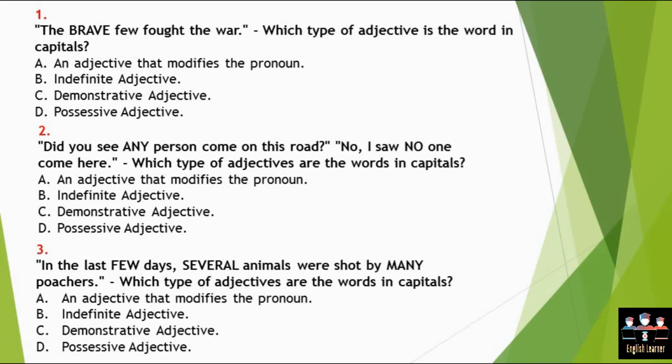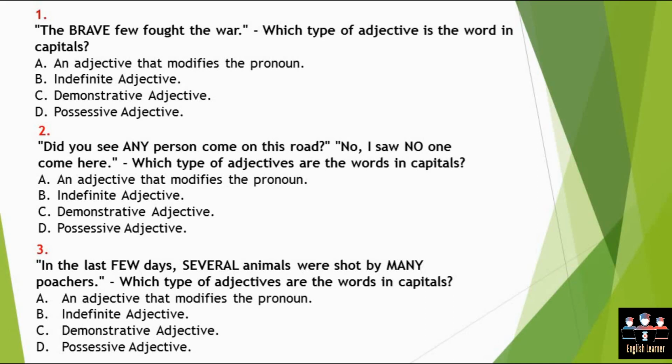Number 2. Did you see any person come on this road? No, I saw no one come here. Which type of adjectives are the words in capitals? A. An adjective that modifies the pronoun. B. The indefinite adjective. C. Demonstrative adjective. D. Possessive adjective.